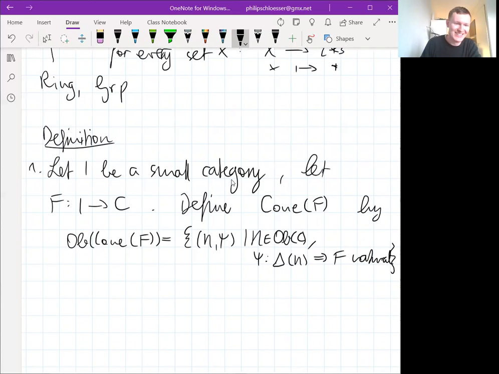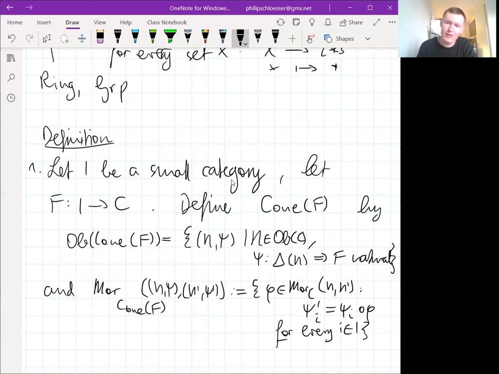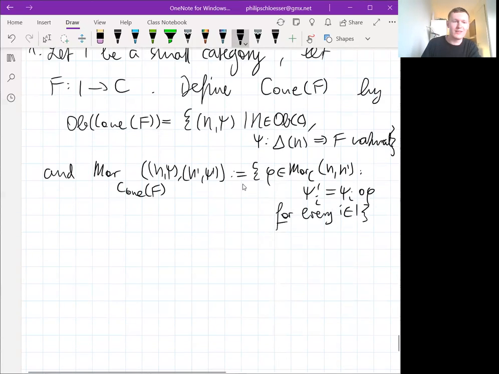And a morphism of cones between a cone (N, psi) and (N', psi') is just a morphism phi from N to N', such that it respects our natural transformations, meaning that psi'_i is equal to psi_i composed with phi, for every object i in I. Yeah, I already see Nicholas's concerned look.